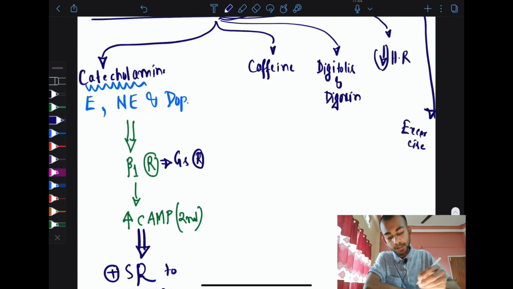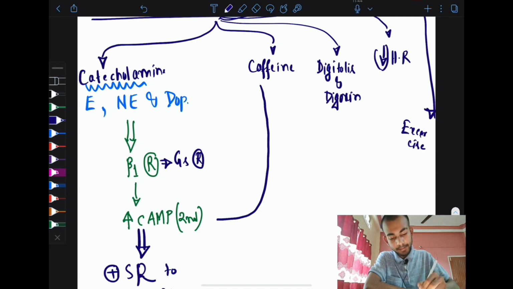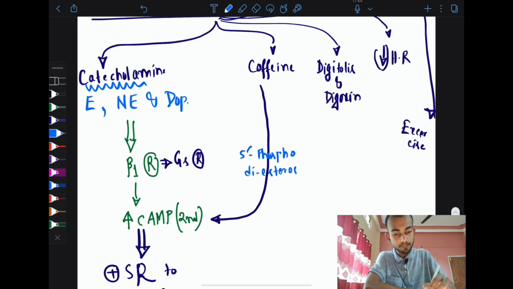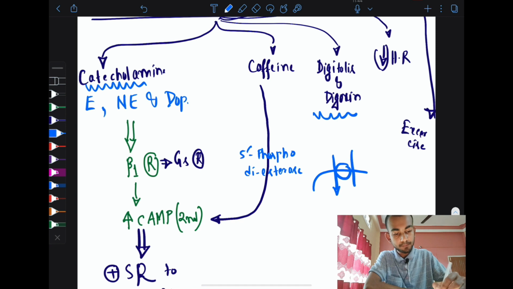Now what does caffeine do guys? Caffeine increases the cyclic AMP directly via the enzyme 5-phosphodiesterase. Now what do digitalis and digoxin do guys? They block the sodium potassium pump.